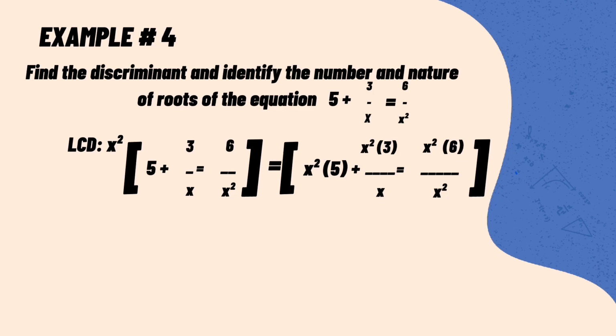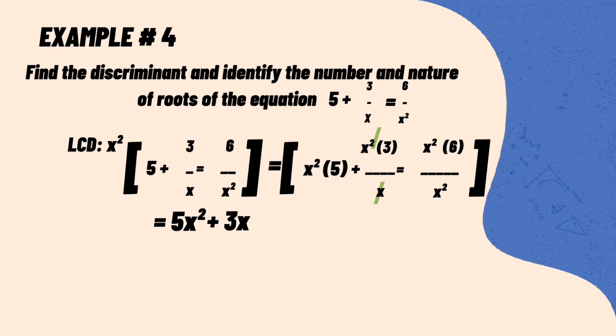For our first term, we will multiply x squared and 5, which will give us 5x squared. We can also eliminate x in our second term and multiply x and 3, which will give us 3x. For our third term, we can eliminate x squared and we will have 6.